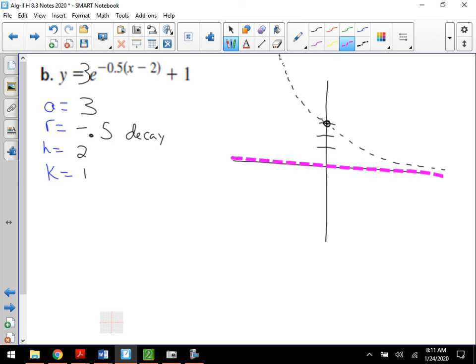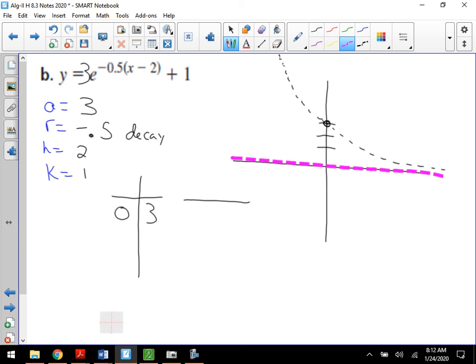To that ordered pair of 0, 3, where does it get shifted to? Up to the right. How about right 2, up 1? Because horizontal goes left and right. So if our one ordered pair, maybe we should do this again. For our parent function, we know our ordered pair is at 0 and 3. Has to be.